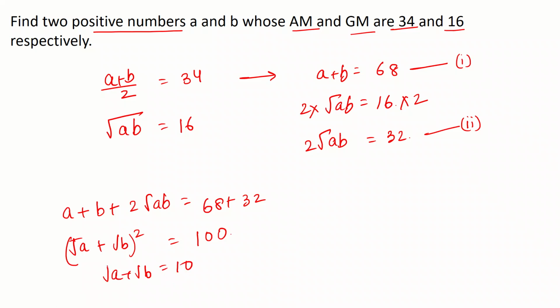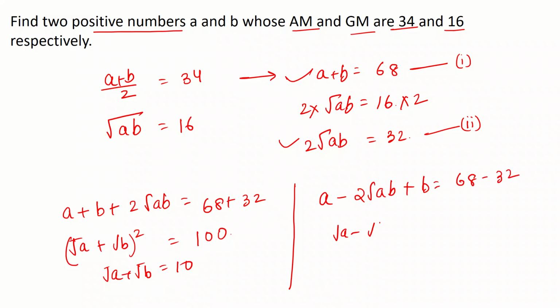Next I can also subtract equation number 2 from equation number 1. So I have a minus 2 root ab plus b is equal to 68 minus 32. So root a minus root b the whole squared is equal to 68 minus 32, which gives me 36.